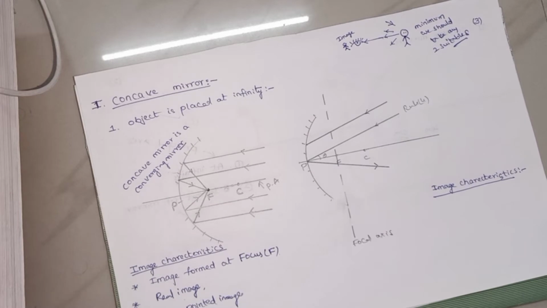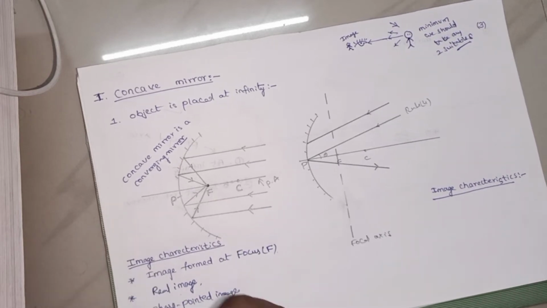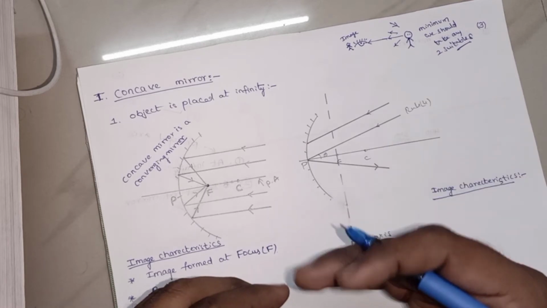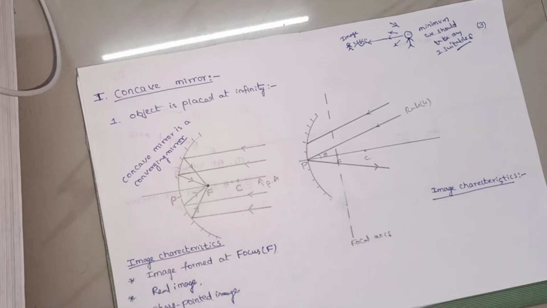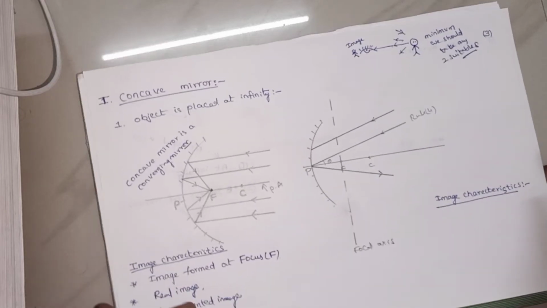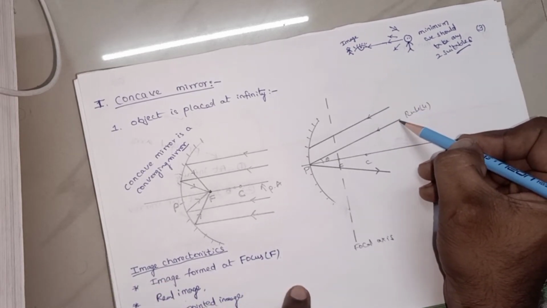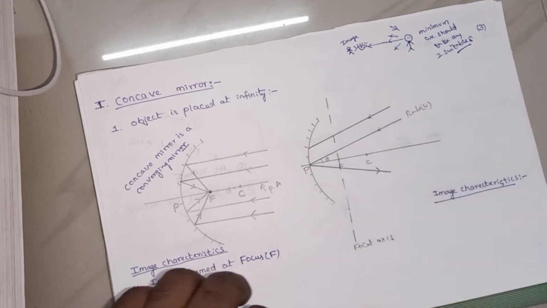I hope all of you understood why we call a concave mirror a converging mirror. Why? Because when a set of parallel rays fall on the concave surface, all the rays will converge at one point. That's why we call the concave surface a converging mirror. In the similar way, here also parallel rays are falling on the concave surface, so they will converge.